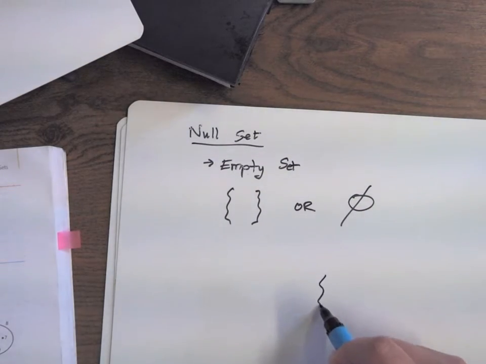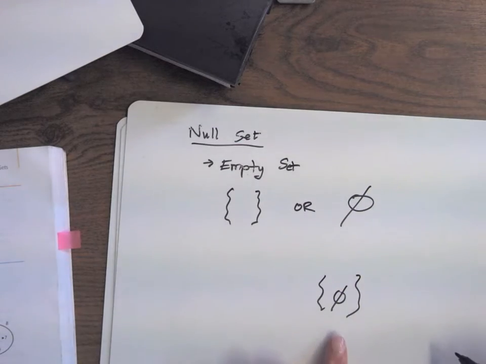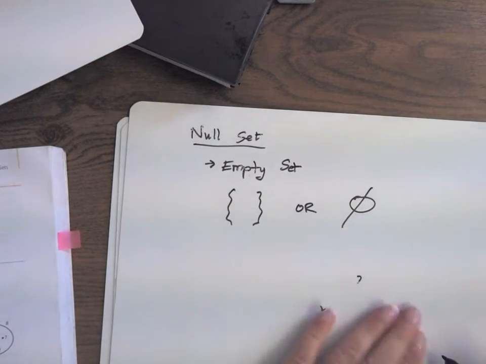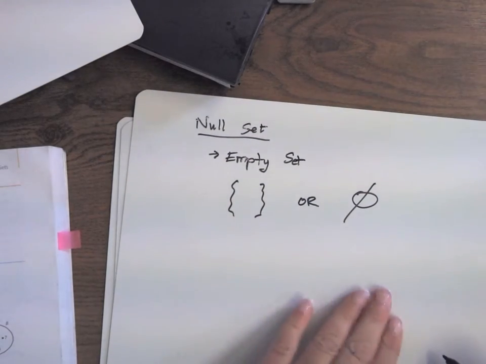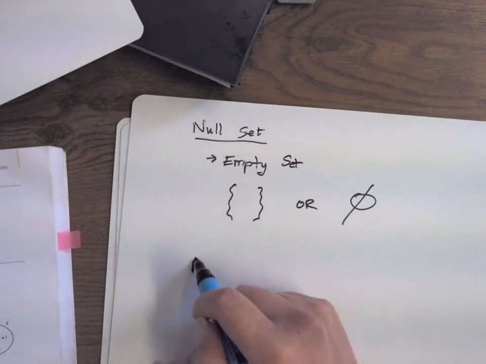And sometimes you see this. So please don't be that person. One or the other. Okay, your choice, not both. Right? Okay, is that right? Empty set has nothing in it. Right? The set of all the boys in the room.